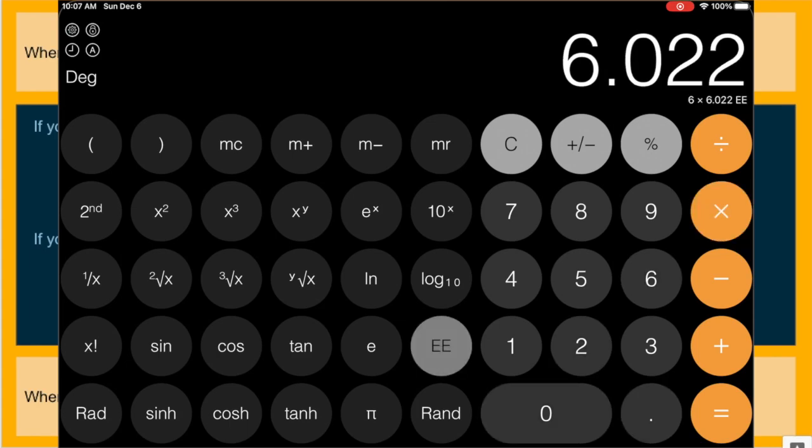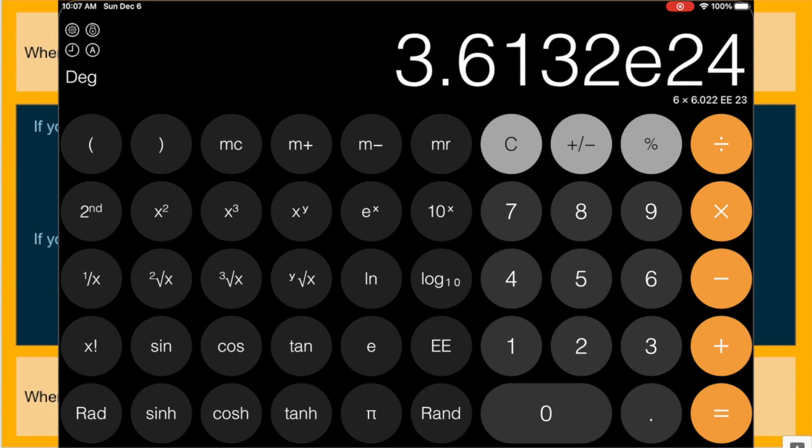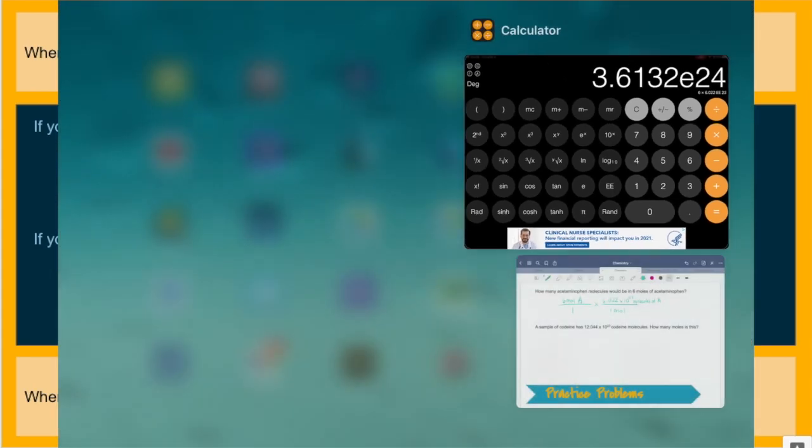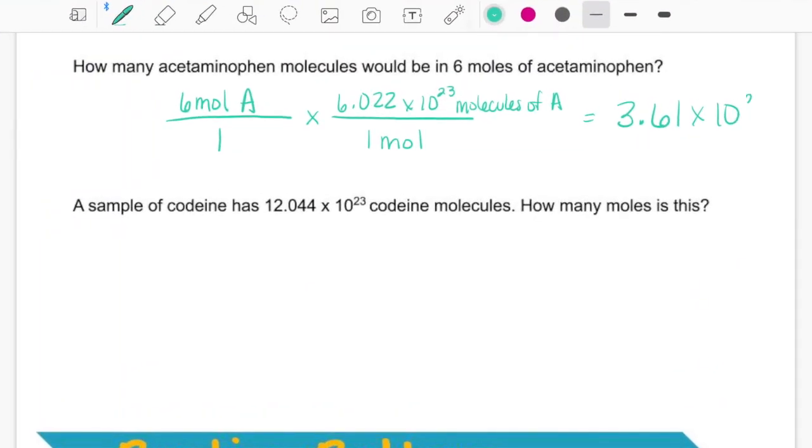Then I hit that EE button to do the times 10 to the 23rd, and I get 3.6132 E to the 24th. Okay, so 3.61 times 10 to the 24th.